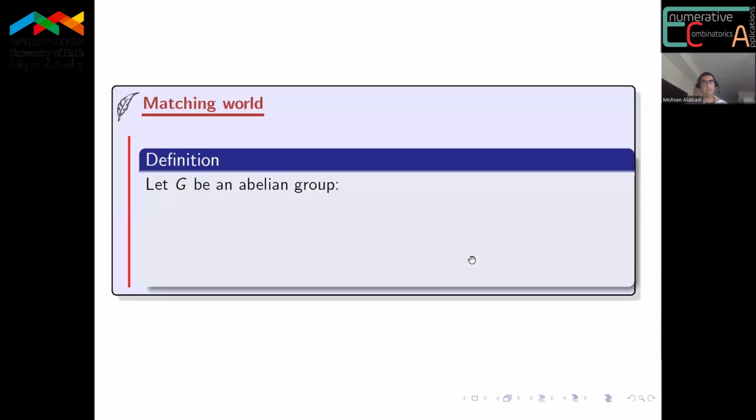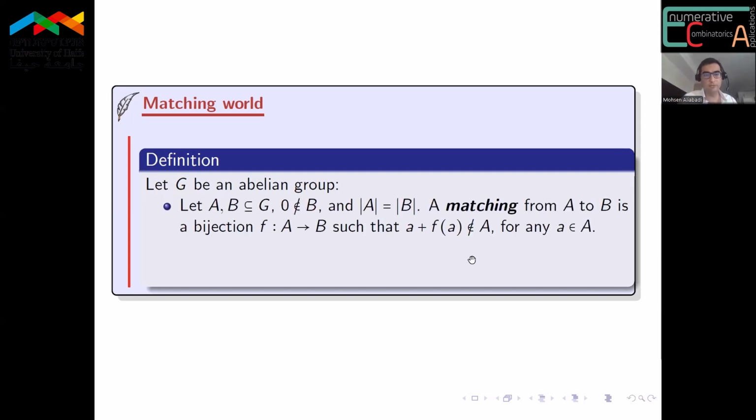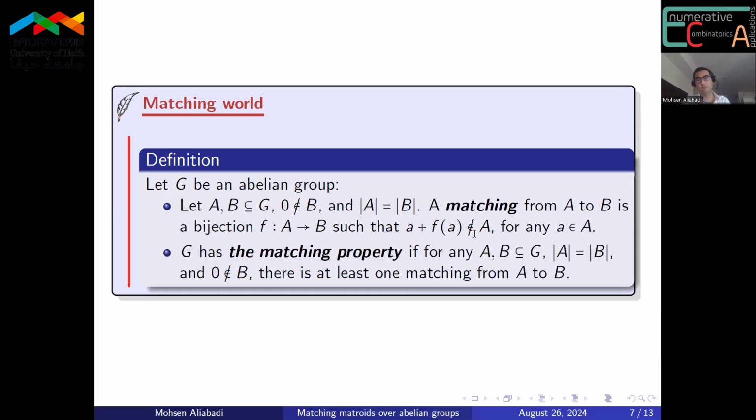And the next part of my talk would be about matchings. First, we are going to define matchings over abelian groups as follows. We are assuming that G is an abelian group, and we are taking two finite subsets of G with the condition that they have the same cardinality, and the neutral element of the group is not in the second set B. Then a matching is nothing but a bijection f from A to B with the condition that for every element a of A, a plus f(a) is not an element of A. And the matching property for groups is as follows.